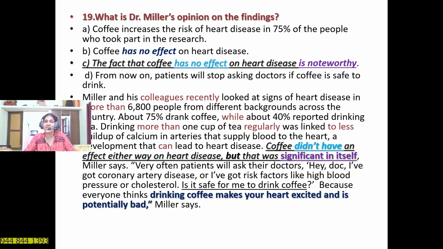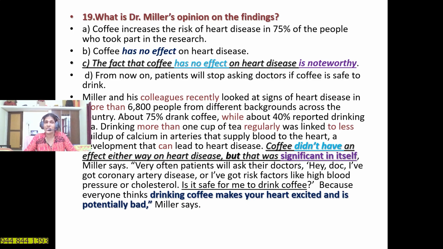Noteworthy is nothing but significant in itself. The fact that coffee has no effect on heart disease, coffee did not have an effect either way on heart disease, is the paraphrasing done here. The synonymous language is used and paraphrasing is also there, which clearly says that option C is the definite and clear answer for question number 19.